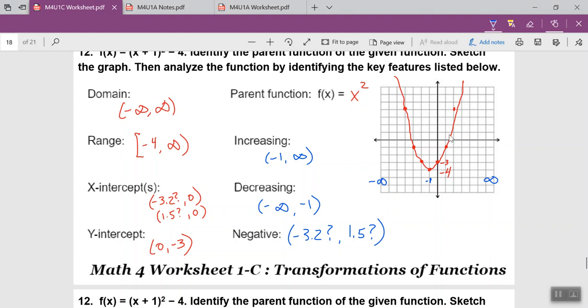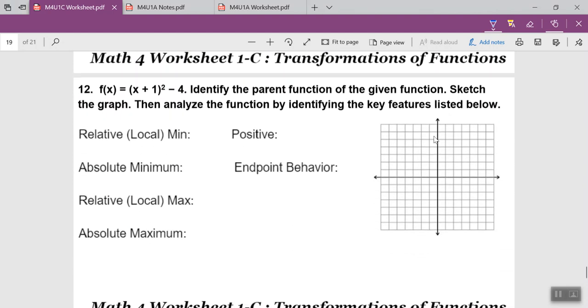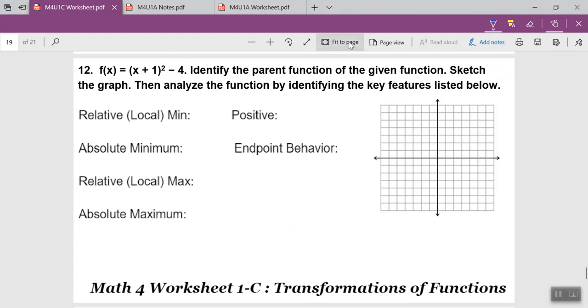All right. Now, recreate the graph. 1, 2, 3, 4, 1. Okay, flip side.